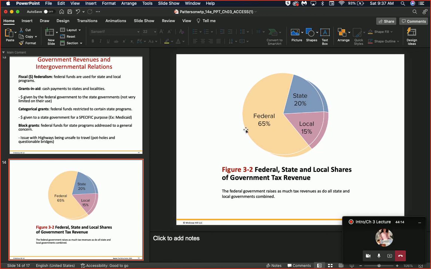Okay, the federal government is at 65% of these revenues, the state at 20%, and a lot of these state revenues would be represented by places like California, where they tax a little bit more. Texas, not so much, because they're a very low tax state. And then local governments, those are the city taxes that you might see.